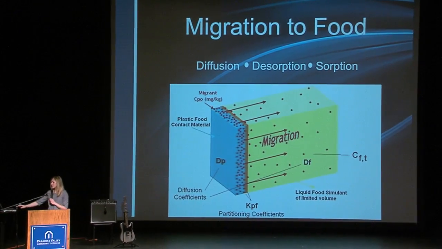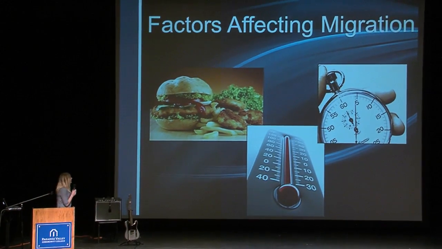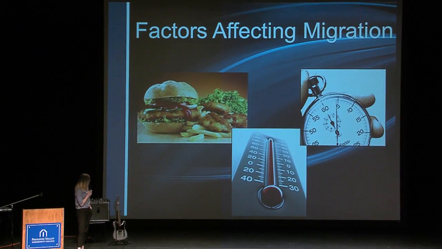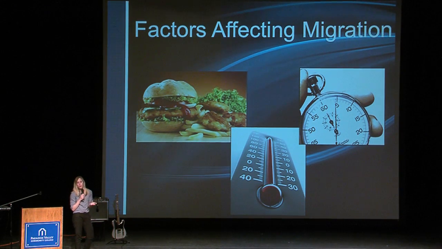And there's several factors that can affect the amount that migrates. The largest one is going to be the fat content of your food. So as I said previously, styrene is a hydrocarbon. So it's hydrophobic, and it won't be attracted to water in any way.